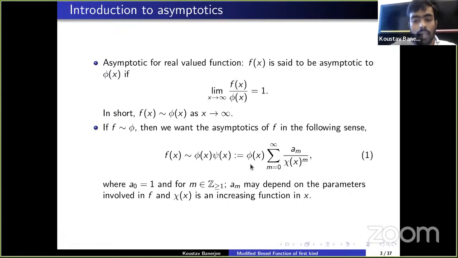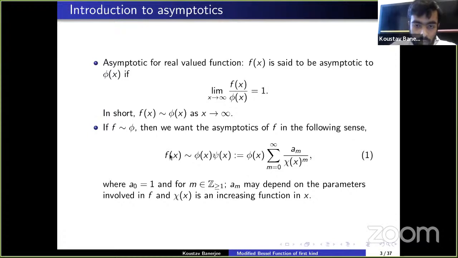The a_m are sequences, and chi(x) has to be an increasing function in x, so as x tends to infinity, the terms go to 0. Then the limit as x tends to infinity of f(x) over phi(x) equals 1; we trace back to the definition. And a_m may depend on the parameters involved in f. We'll see in the Bessel function example what I mean by may depend on the parameters involved in f.